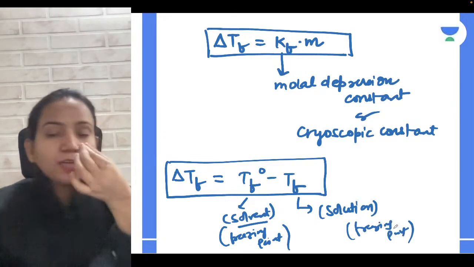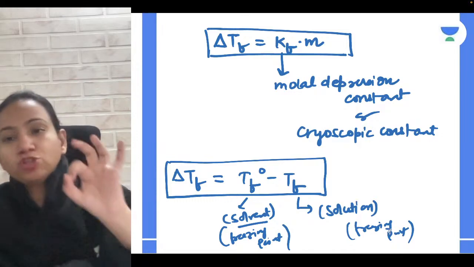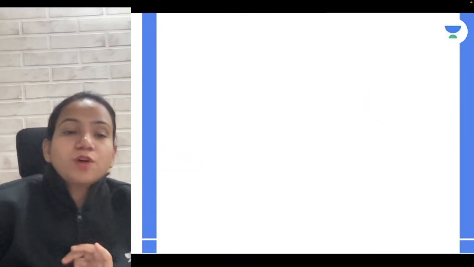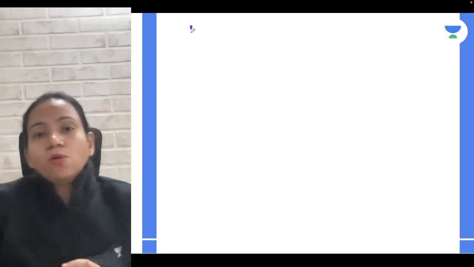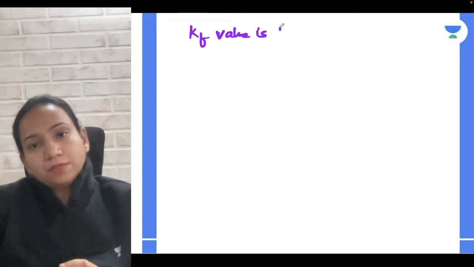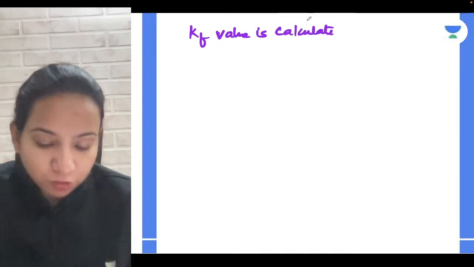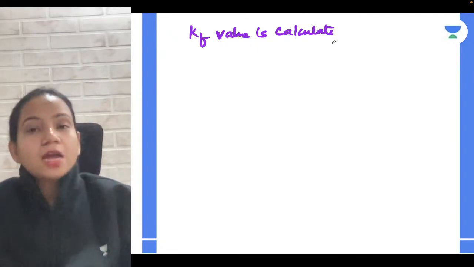Okay, Kf that we introduced is the molar depression constant or cryoscopic constant. How do you find it out? The Kf value is found experimentally, and for different types of processes it is going to be different.